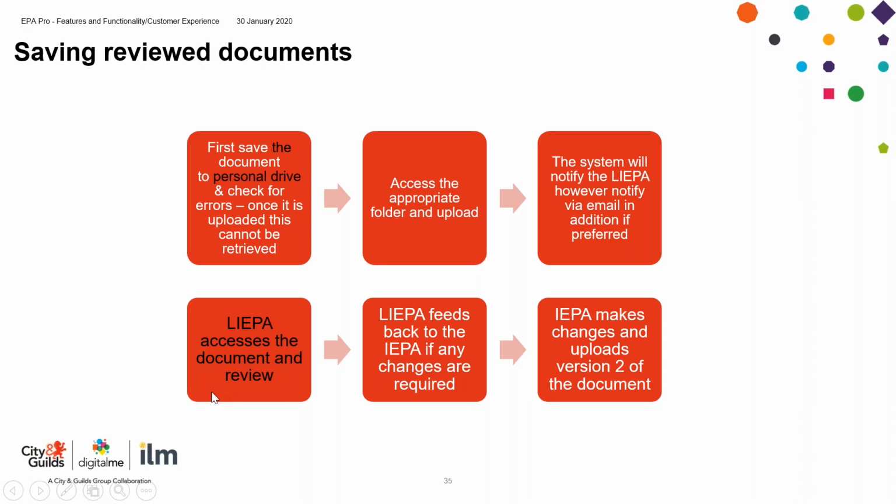The LIEPA can then access the information on SharePoint, and they can feed back to the IEPA if any changes are required. If changes are required, when the IEPA goes back into SharePoint and uploads a new version of the document, it's saved as version 2. So the LIEPAs can see which is version 1 and which is version 2, and if they need to, they can check that the changes they've requested have been made.